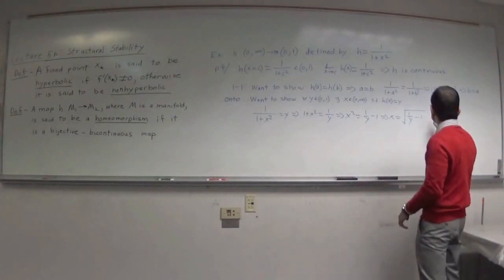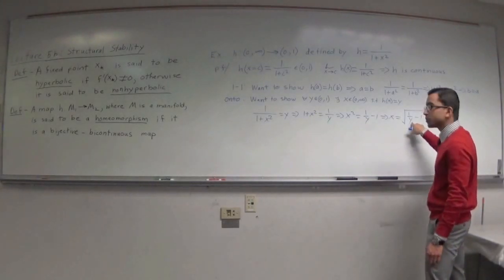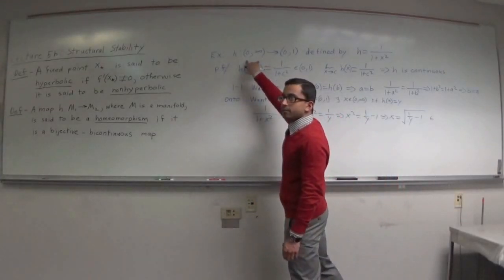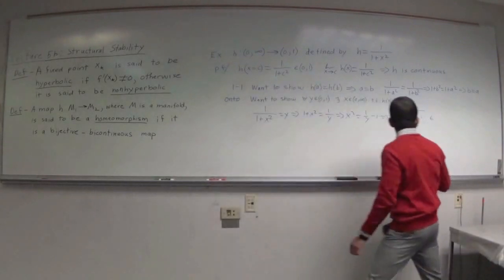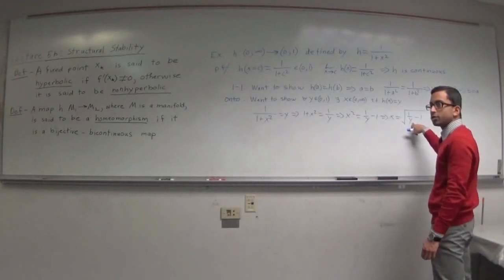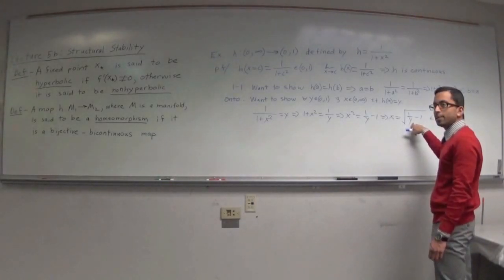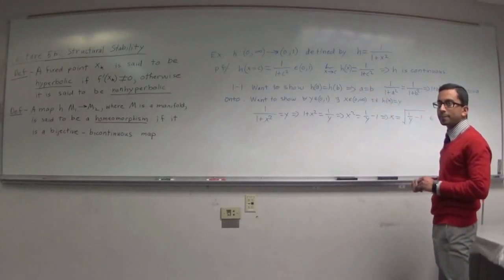But now let's see what set this is in. We have to satisfy this for all y. For all y, x must be in this set. But notice that y goes from 0 to 1, and x is going to go from 0 to infinity, right?